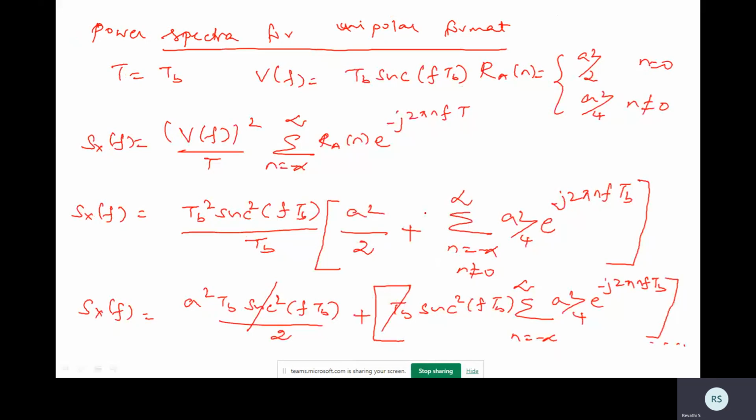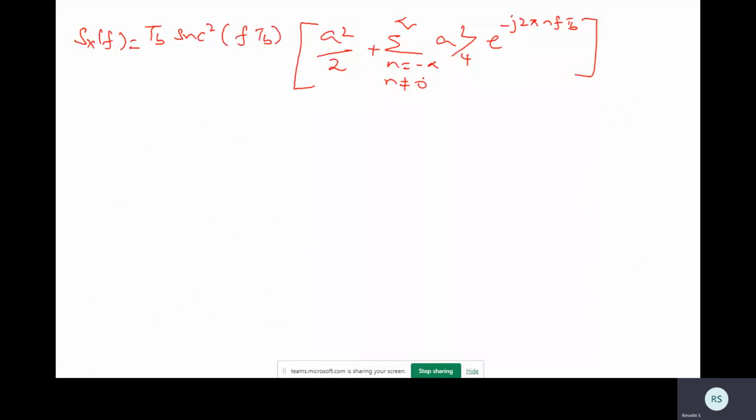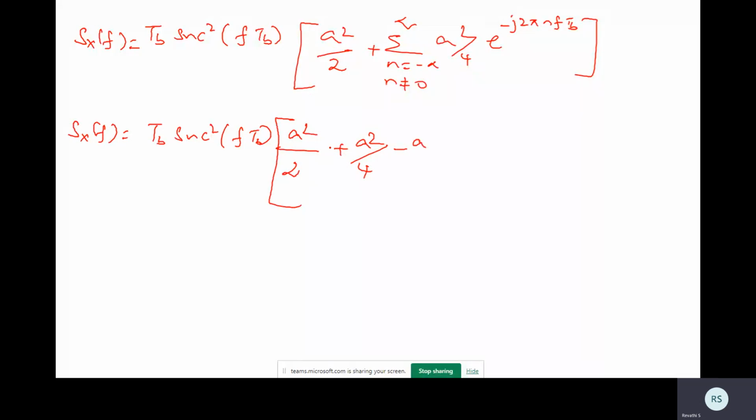Okay, so now what you do is you add and subtract a square by 4. So in this equation Tb sinc square of f Tb, this a square by 2 remains as it is, subtract a square by 4, add a square by 4 plus this entire thing, summation n equal to minus infinity, n not equal to 0, a square by 4 e power minus j 2 pi n f Tb.